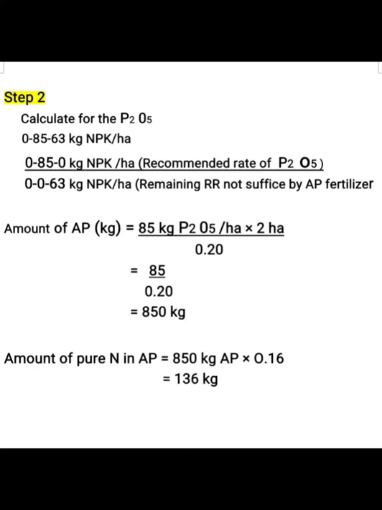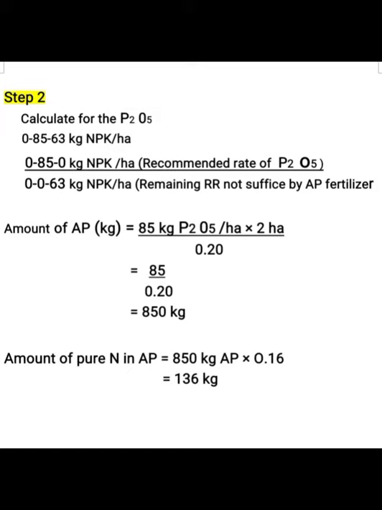Step 2. Calculate for phosphate. Since I get the 125 nitrogen per hectare using urea, I already have zero amount needed in the field. The remaining fertilizer amount of the recommended rate is 0.8563. Because I already met the nitrogen, to meet the phosphate I use ammonium phosphate as fertilizer, based on the recommended rate for phosphate per hectare.